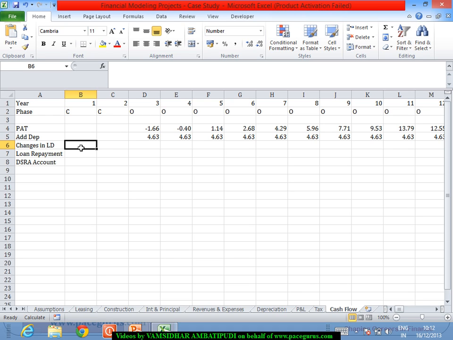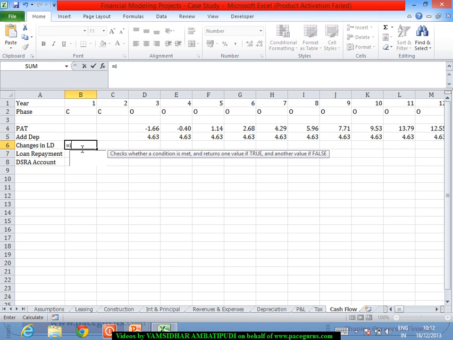Then the changes in the lease deposit, again I really don't need to bother about what has happened during the construction period. Only for the operations period, I am looking at whether I have contributed something more or contributed lesser or I have withdrawn something.